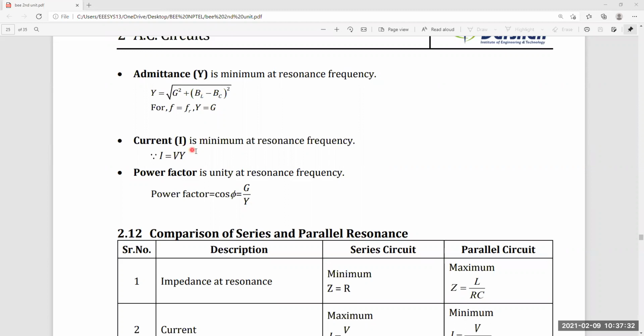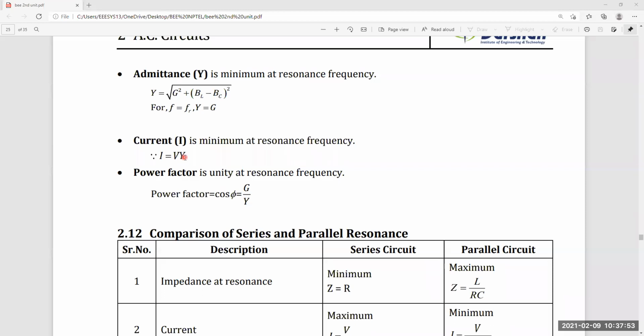Then I is minimum at resonance frequency. I is equal to V into Y. Y is 1 by Z, admittance is inversely proportional to Z. I is equal to V by Z. So Z is maximum, that means current is minimum.